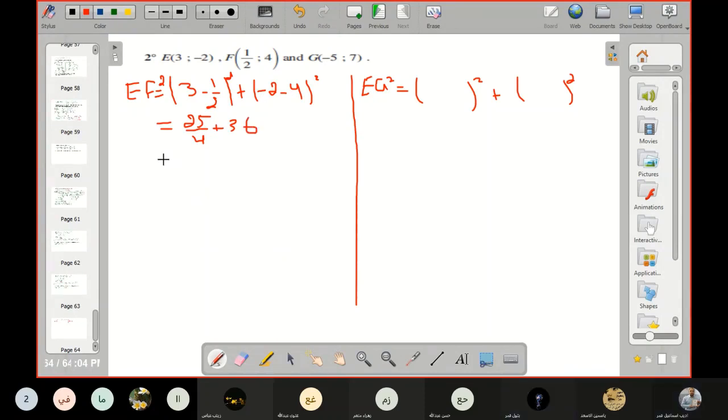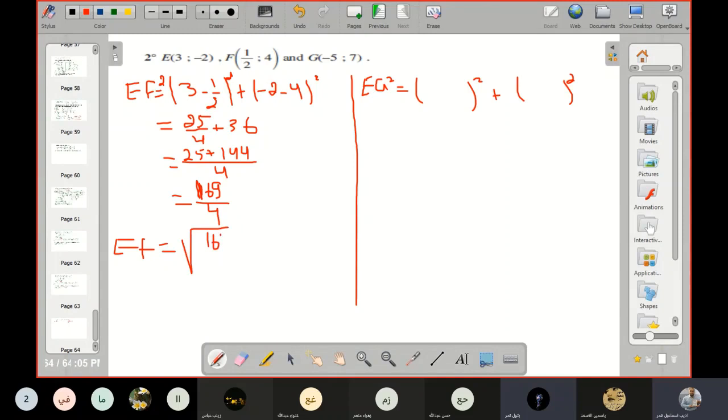So the answer is 25 plus 6 times 4, which is 144, so 169 over 4. This is EF squared. EF alone, if we need it, equals radical 169 over 4, which equals 13 over 2.